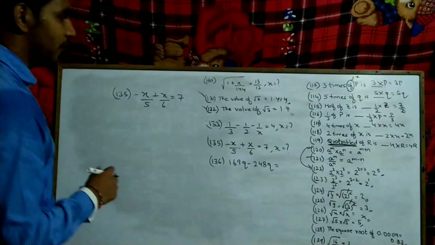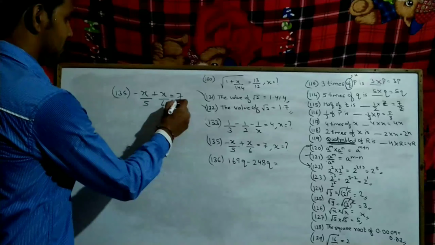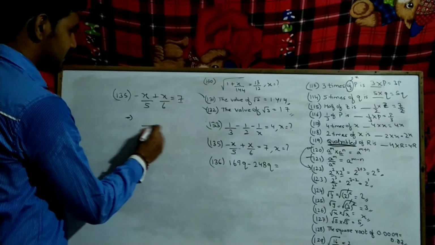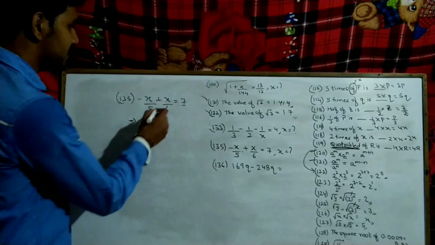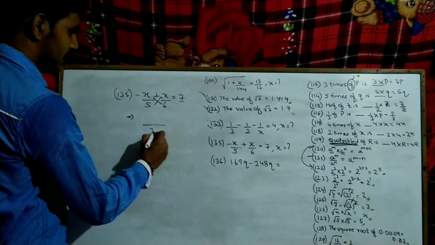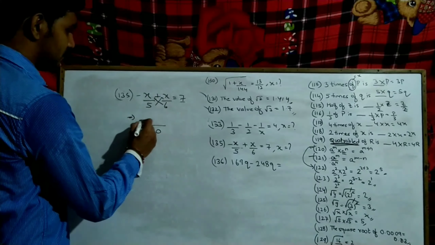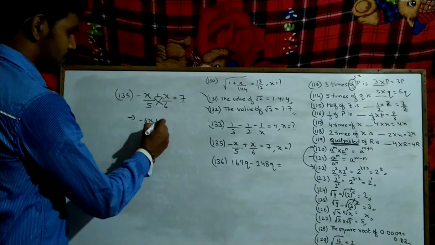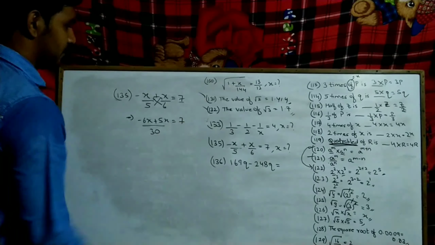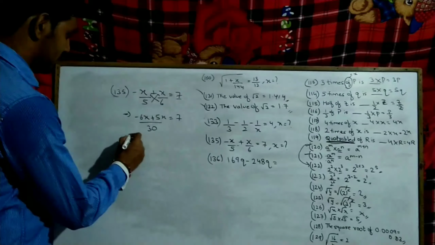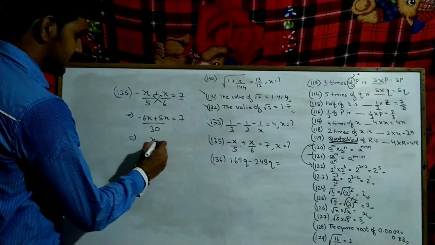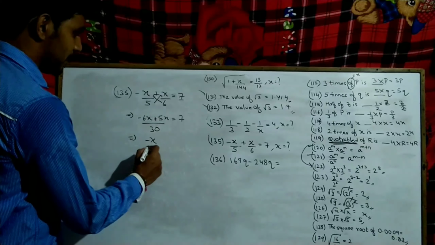Now here we have to find the value of x. Say first of all take LCM of 5 and 6. Otherwise if you don't know LCM then just cross multiply, as I already said. Now 5 into 6, 30. 6 into x, 6x, plus 5 into x, 5x is equal to 7. Okay. Now this minus plus will be minus. So 6x minus 5x, x. Minus sign will come because 6 is the bigger number.